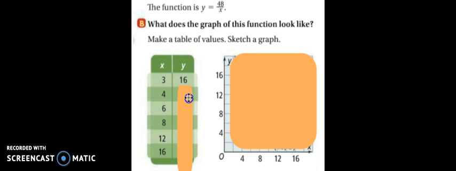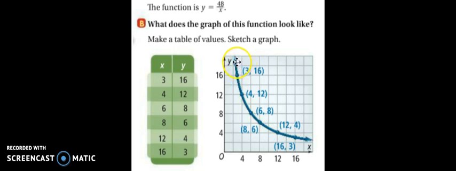So I'm going to go 48 divided by 3 is 16. 48 divided by 4. And then I'm going to do the rest of them. So I have a table of values, so I need to make a graph. As my x increases, my y decreases, so there we go.